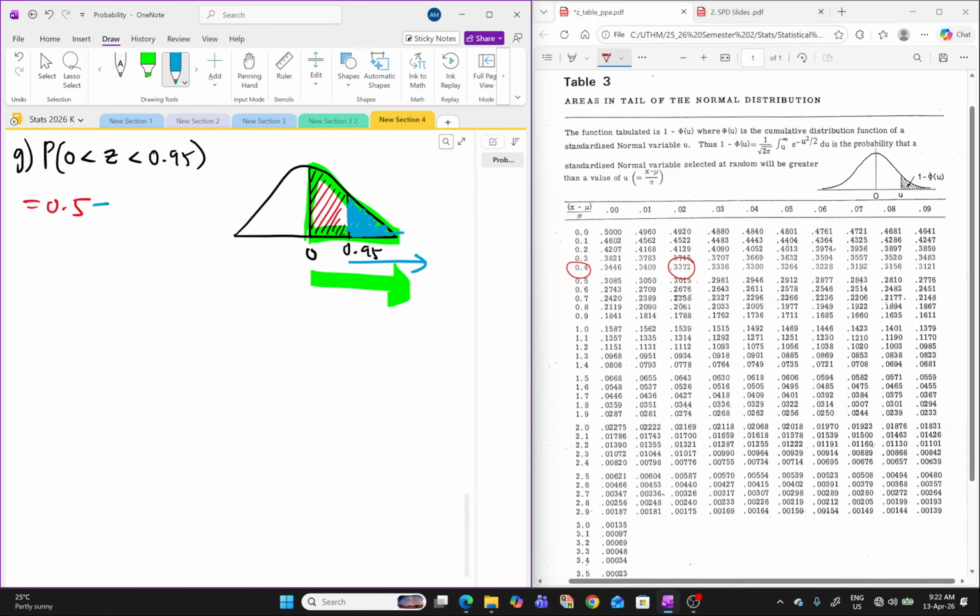So you subtract, find 0.95. 0.9 is here, 5 is here. 0.95 is 0.1711. So if you subtract this, you will get 0.3289.